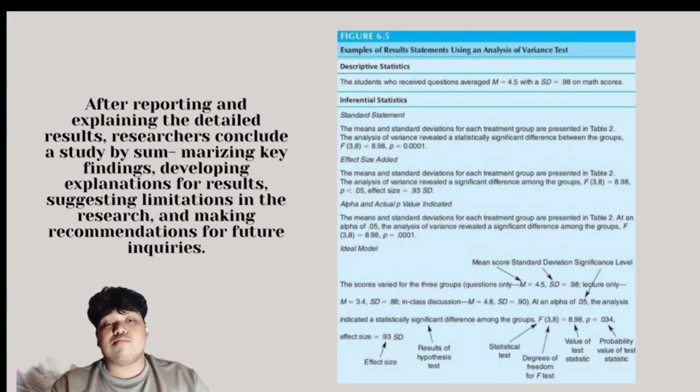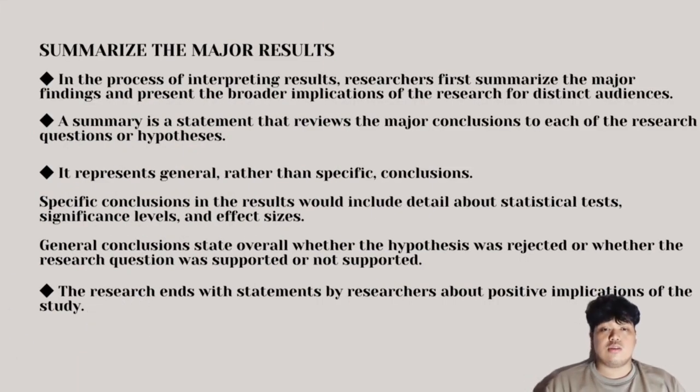Descriptive statistics provide insights in the data, while inferential statistics such as ANOVA help determine if there are significant differences between groups. The F value, P value, and effect size are crucial in understanding the statistical and practical significance in the findings. So next is summarize the major results.